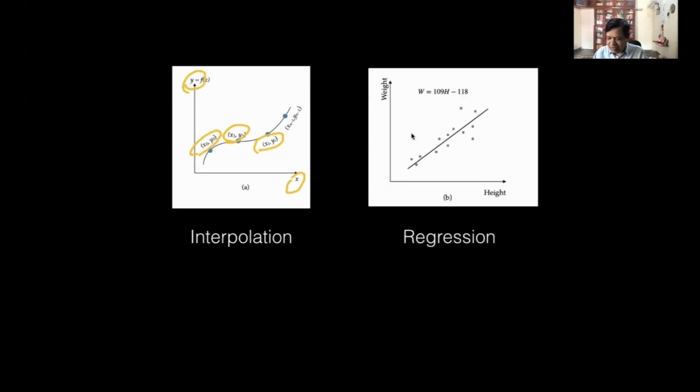These blue circles are the data points. I measure it at some points. Now I need to construct a curve which goes through these data points, and this is my objective: construct f(x) which goes through the data points. This is interpolation. Now remember here, my curve needs to pass through all the points.